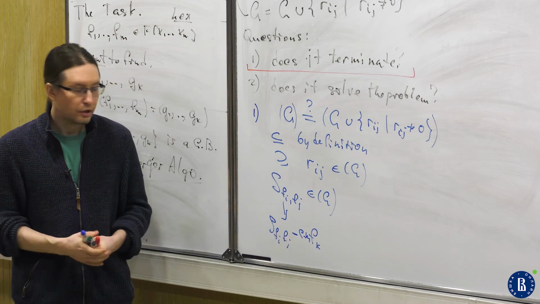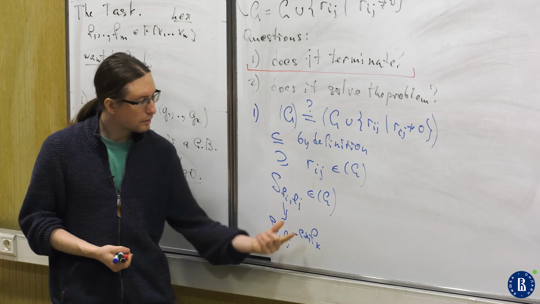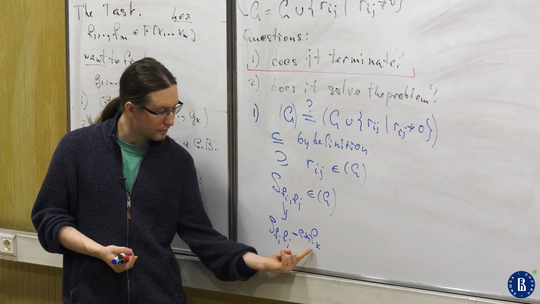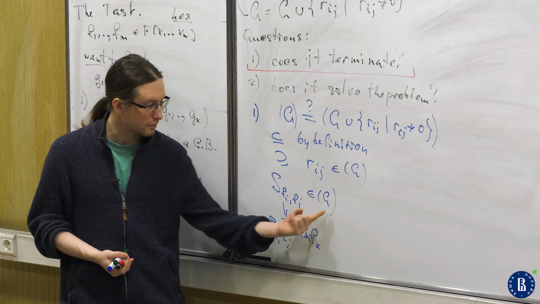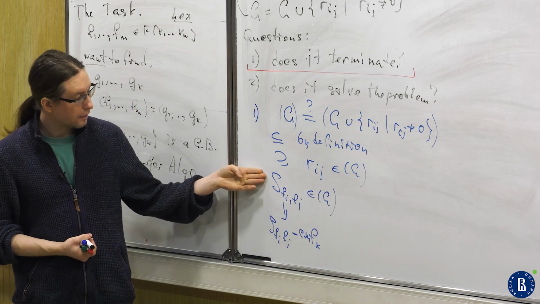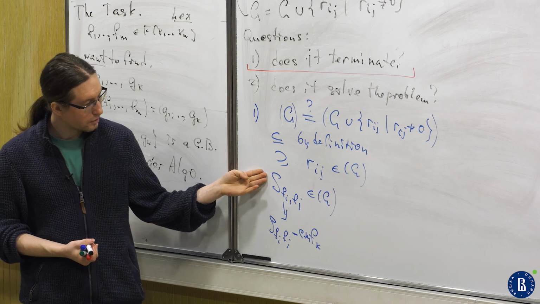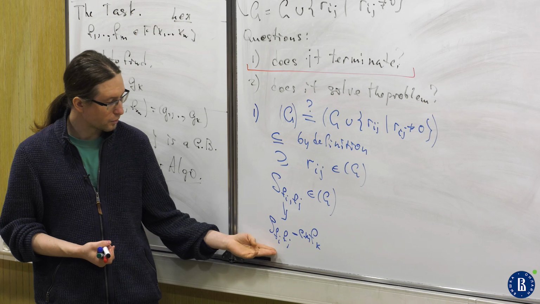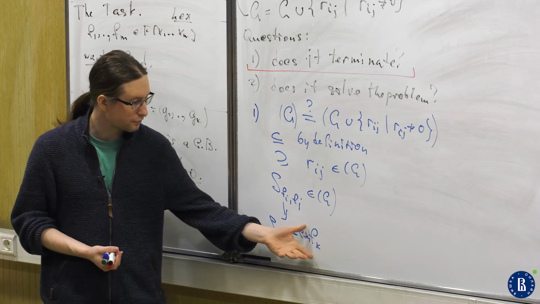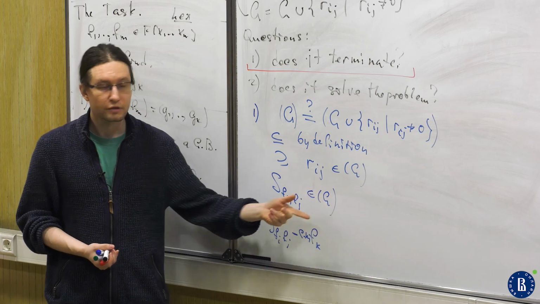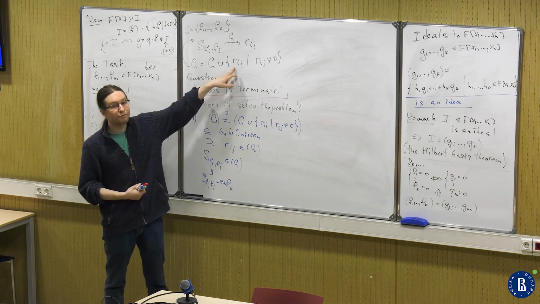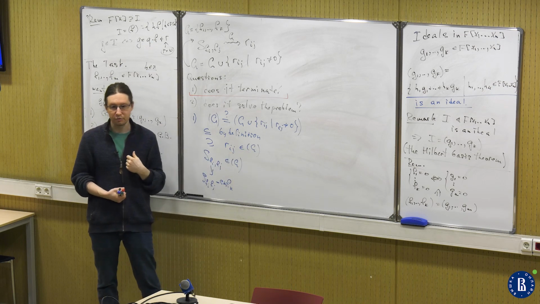So if this is a linear combination of elements from G, and we just subtract a linear combination of elements of G, the result is also a linear combination of elements from G. So if this was in this ideal, then the result of the elementary reduction is also here. So the result of every reduction is here, and in particular, every remainder is also here. So this is proven.